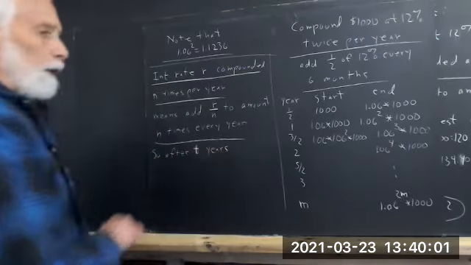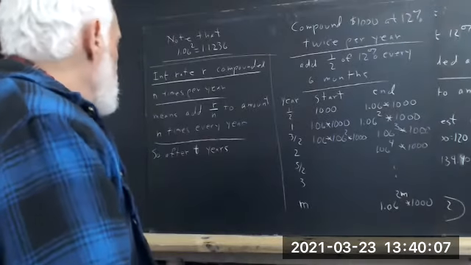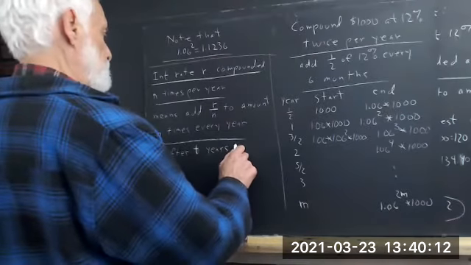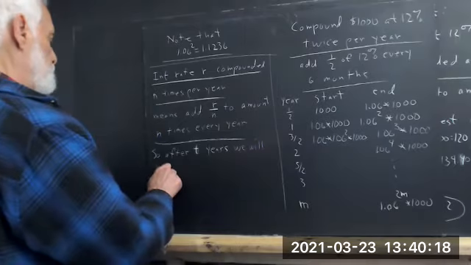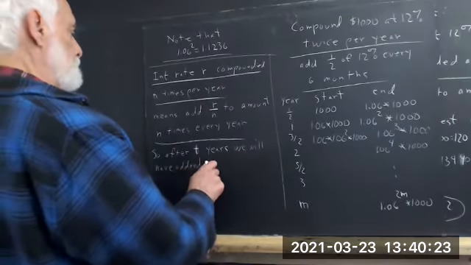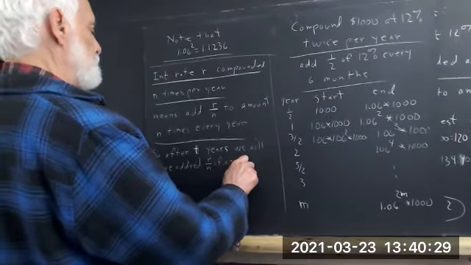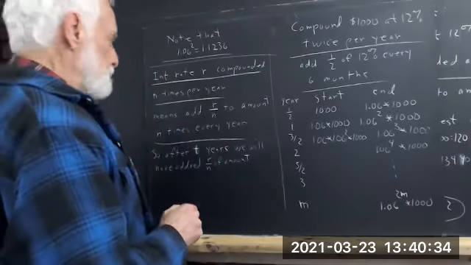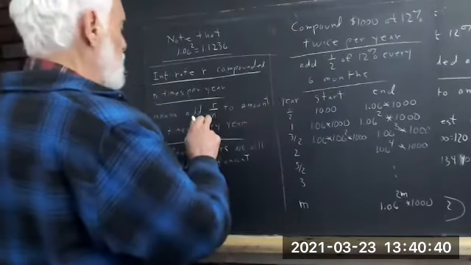Now I'm going to use T for the number of years, something I probably should have done down here. After T years, I said add R over N in imitation of what I did here when it was clear what I meant.